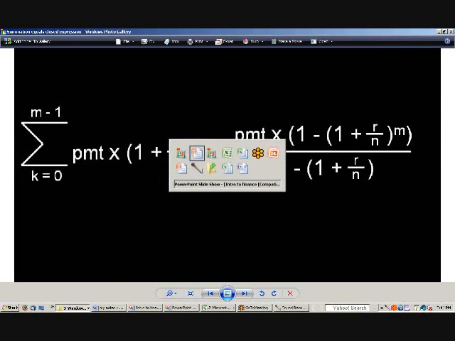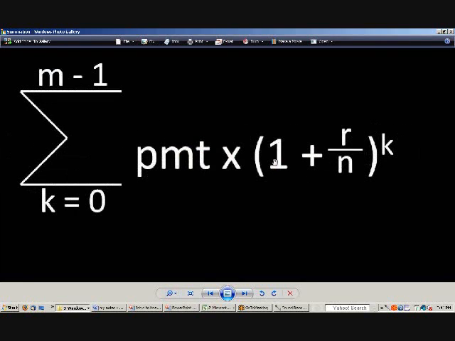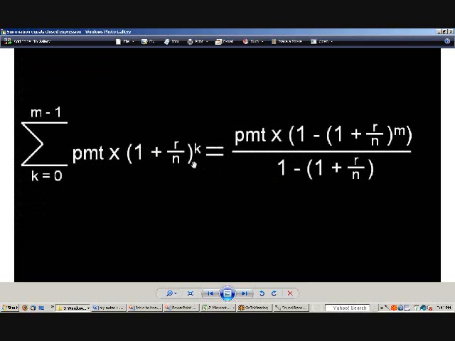So this summation, which is the same as this left side of the equation, we're saying that this is equal to this formula. So if we're looking at 480 months, rather than having to write out 480 terms of a summation, we can solve it all with just one little formula, which is this.